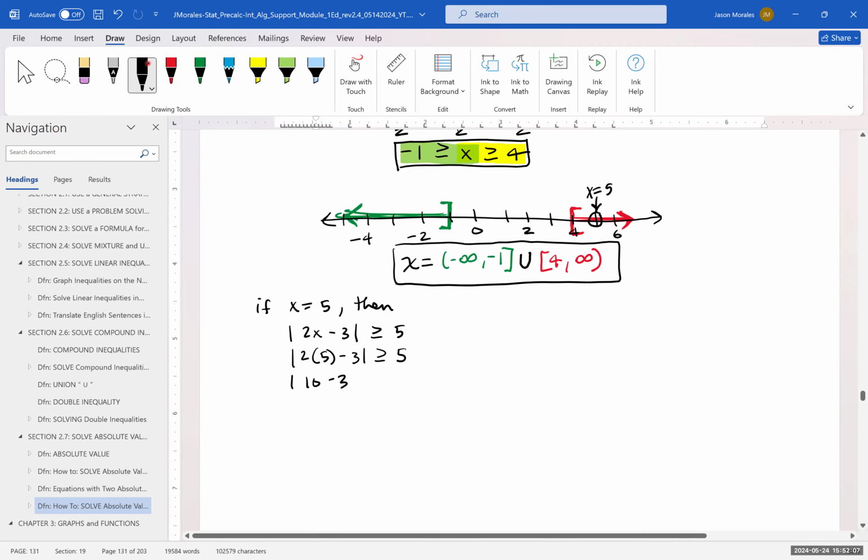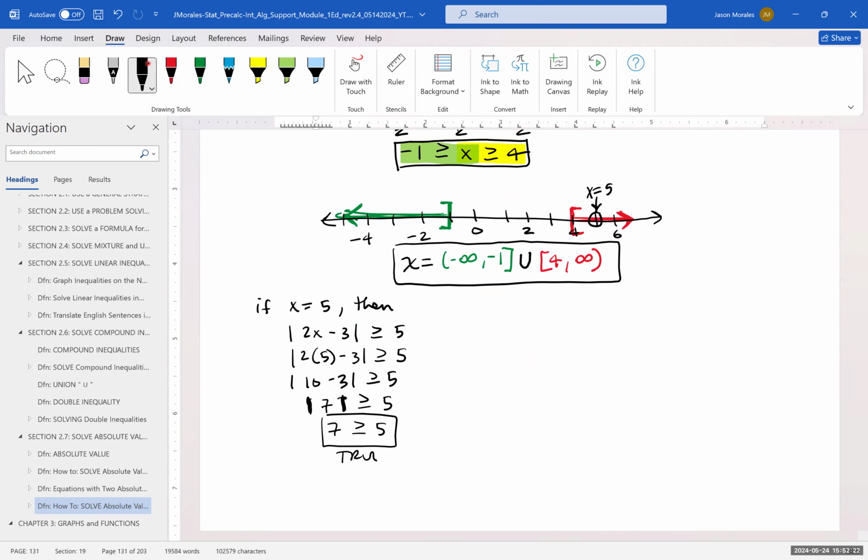So it's 10 minus 3 greater than or equal to 5. 10 minus 3 is positive 7. And the absolute value of a positive is still a positive. And this is a true statement. 7 is greater than 5. So x equals 5 is a valid solution. So we kind of confirmed that this answer domain is correct.